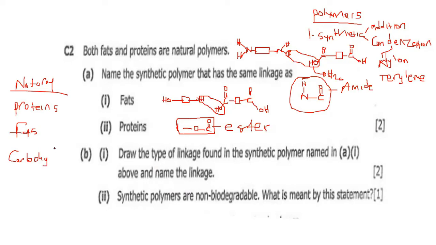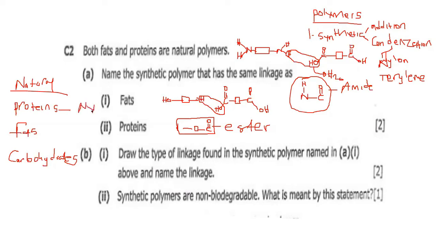Now, the monomers of carbohydrates are very simple. These are the diols. Then for the fats, it's fatty acids and glycerol. For proteins, it's amino acids. The type of bonding in proteins resembles nylon.